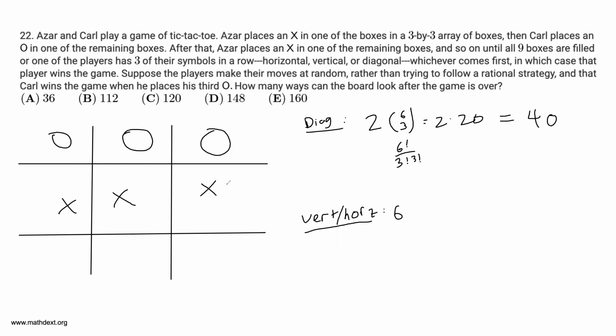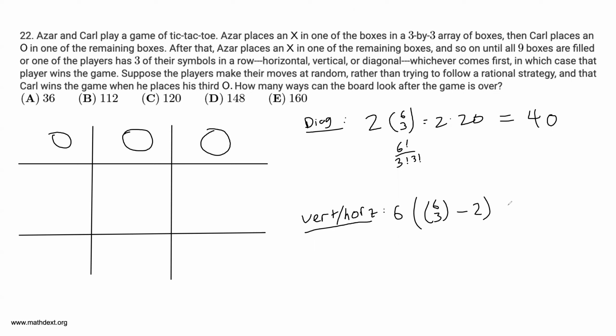Since Azar starts before Carl does, if Azar had placed his 3 X's like this, Carl would not have won the game, because Azar would have won. So you actually have to multiply 6 by 6 choose 3 minus the ones that we're overcounting, because Azar can't have his X's in these three squares and he can't have them in these three squares as well. So that's two bad cases you have to subtract out.